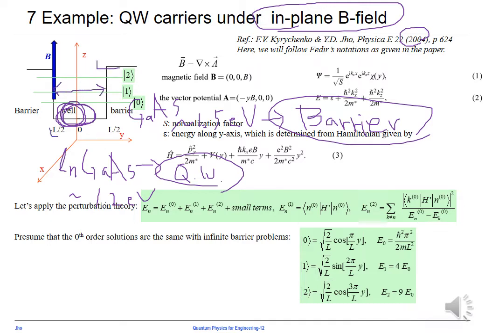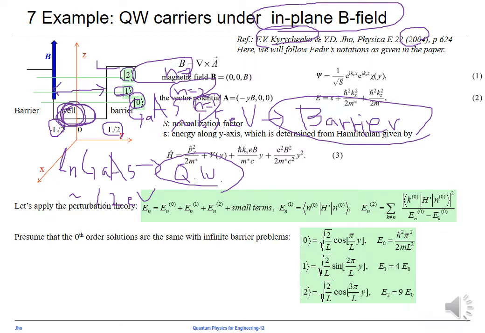It is defined like from minus L over 2 to L over 2. Then you have 3 different quantum states. But instead of quantum number equal to 1, quantum number equal to 2, quantum number equal to 3, my friend Fadier actually used different notation, like a ground state 0, first excited state, second excited state.